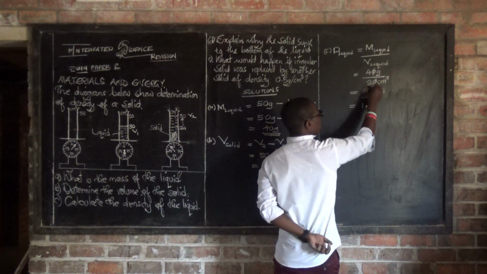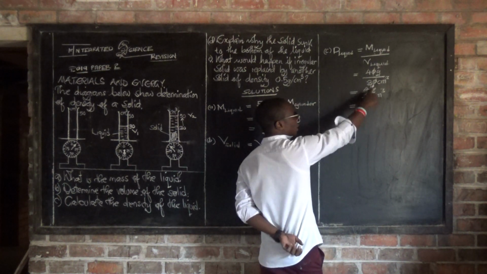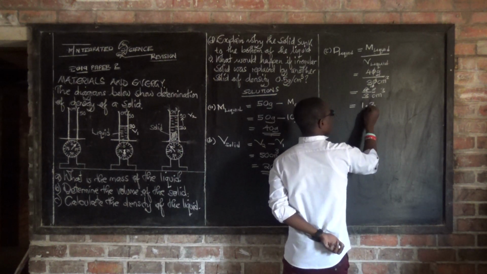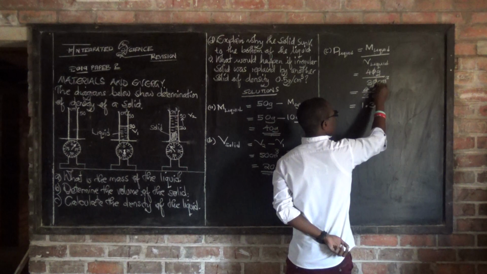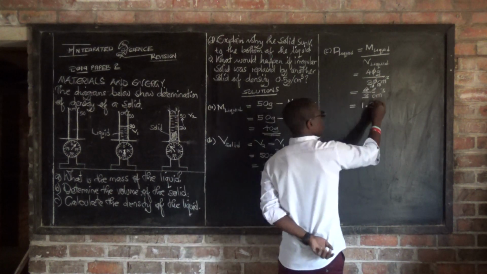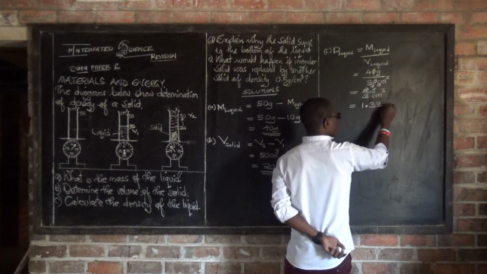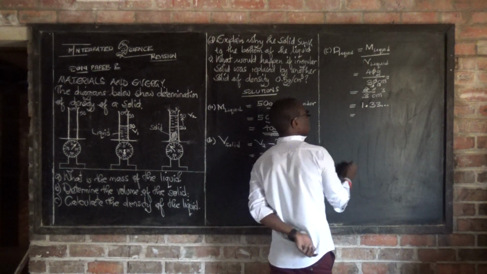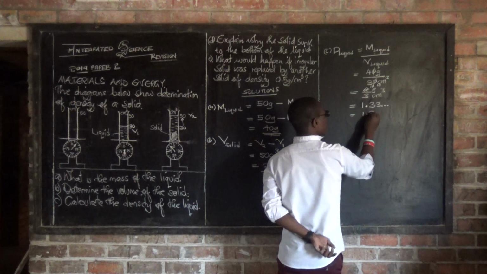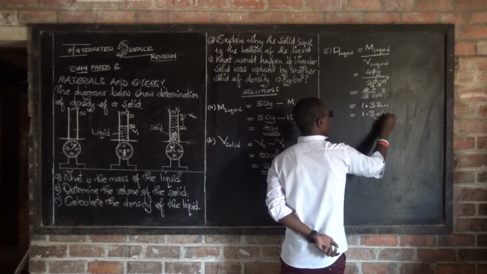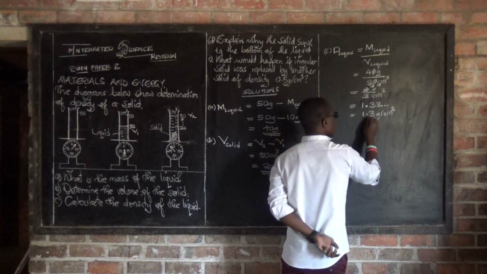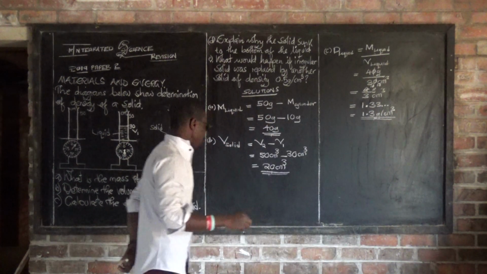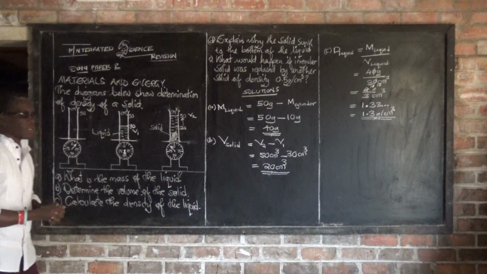Then add a 0 and it becomes 10. 3 into 10 is 3, remainder 1. Add a 0 to get 10 again. 3 into 10 is 3. So it's going to move on like this. So the density is equal to 1.3 grams per cubic centimeter. So this is the density of the liquid. Are we together?